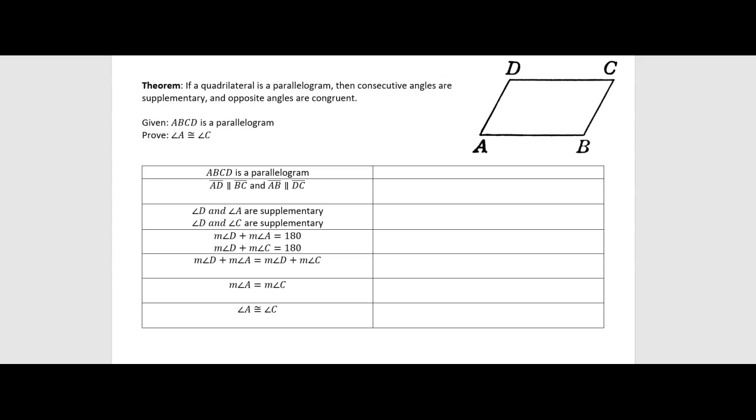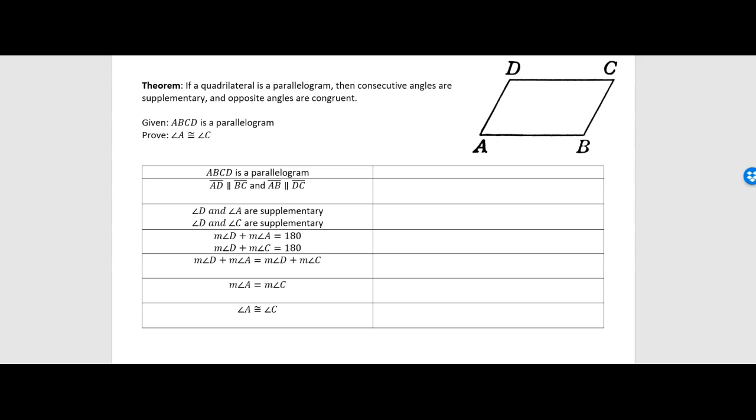But inside of this proof, we're also going to prove that consecutive interior angles are supplementary. And I know it doesn't say consecutive interior angles here. That's because if we talk about consecutive angles in a figure, that just means two angles that are next to each other.